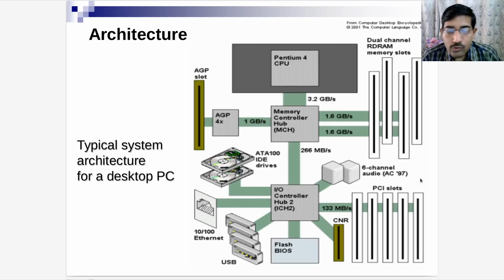If you open up any desktop PC, you will find the pieces that give us this block diagram, which is the architecture of a desktop PC. You will find a processor. This is an old picture from 2001, that's why you see Pentium 4, but nowadays you will find i3, i5 or i7 processors from Intel, which are advanced processors.